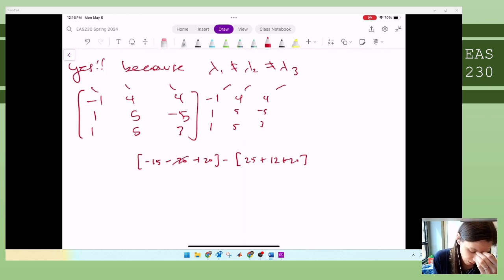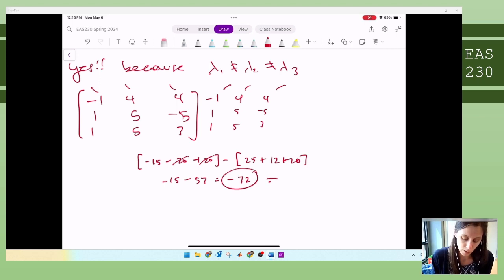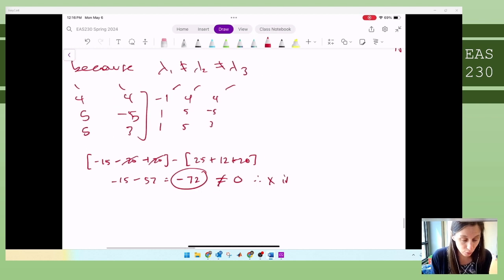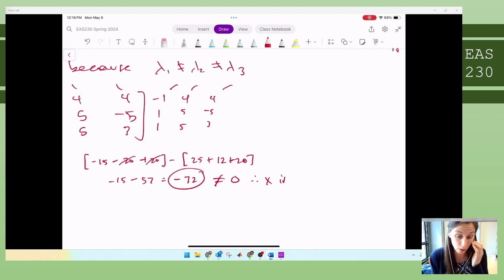Which means those cancel out. I have negative 15 minus 45, 57. Which means it's negative 72. That's not equal to 0, therefore x is invertible. Which is what we knew would happen anyway, because there are 3 unique eigenvectors, because I have 3 unique eigenvalues.